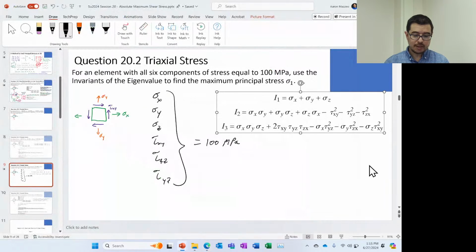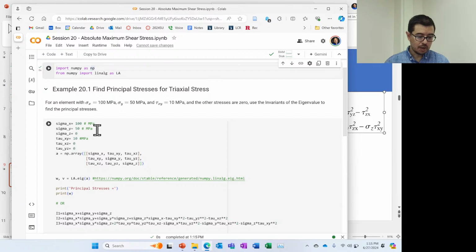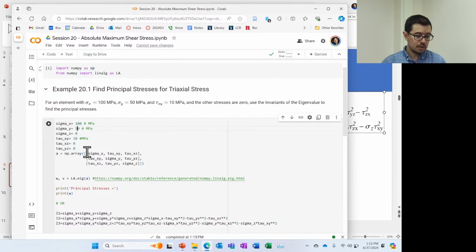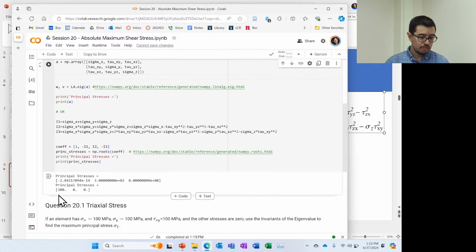My case here is that they're all equal to 100, so I'll just make it 100 here, 100 here, 100 here. Okay, so they're all 100, and then I hit Control Enter. And that's the answer. The principal stresses are 300, 0, 0.